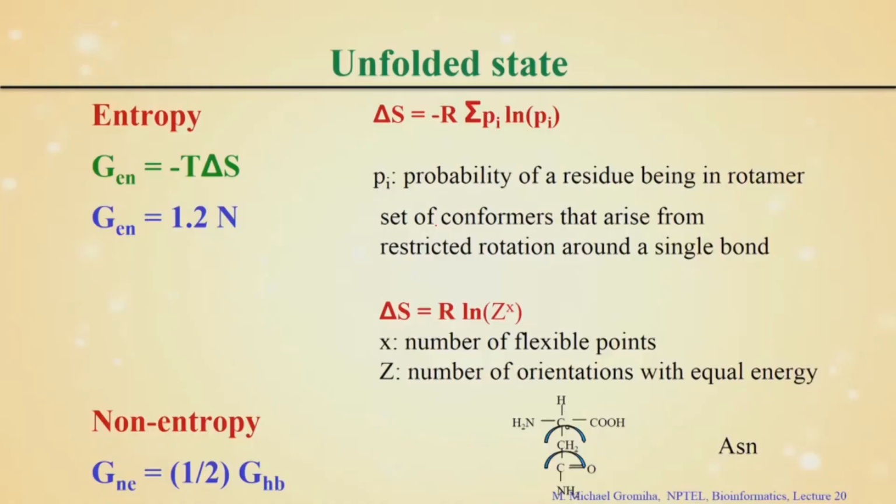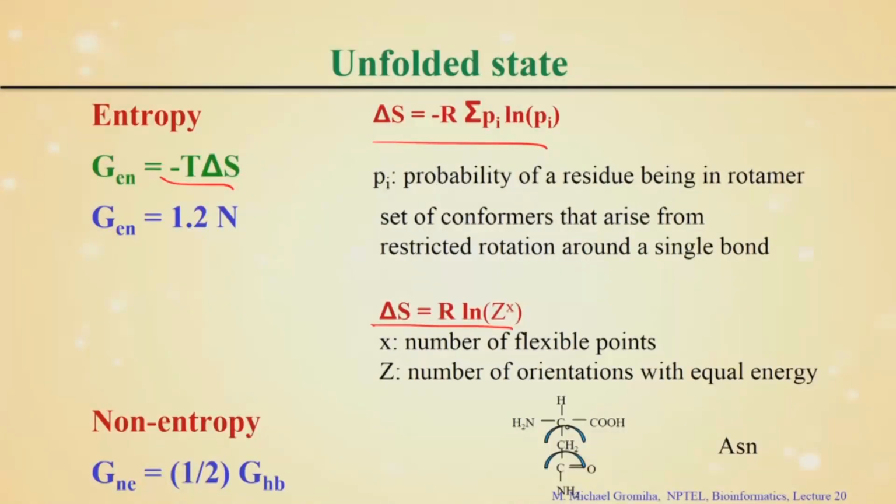Now we go to the entropy term. This is the randomness; we can calculate minus T delta S. For delta S you can calculate the probability of a residue in a specific rotamer. In this case delta S equals minus R times the sum of Pi ln Pi. This is the probability of a residue in a specific rotamer, in a specific conformation, rotated around any single bond.